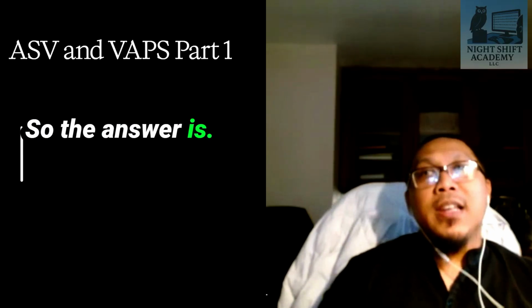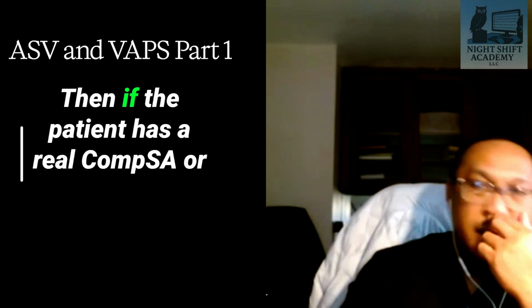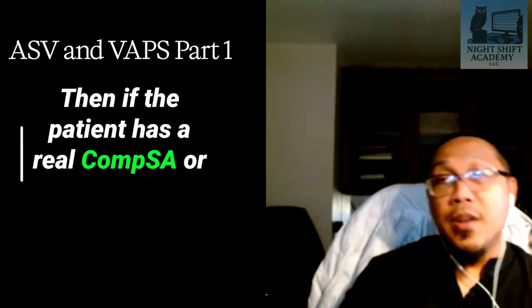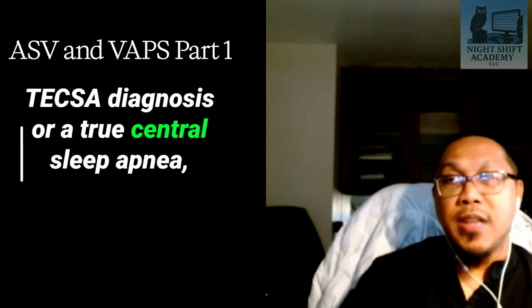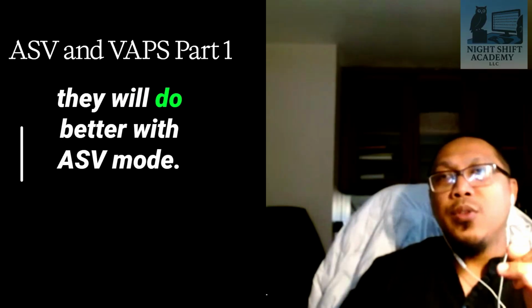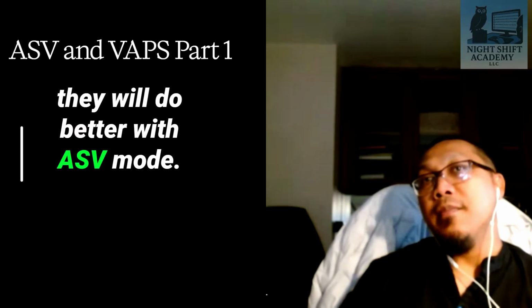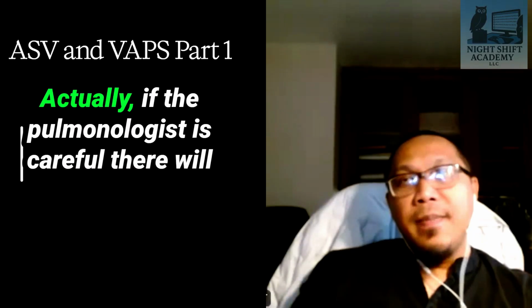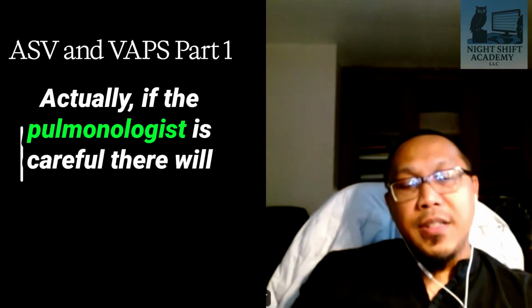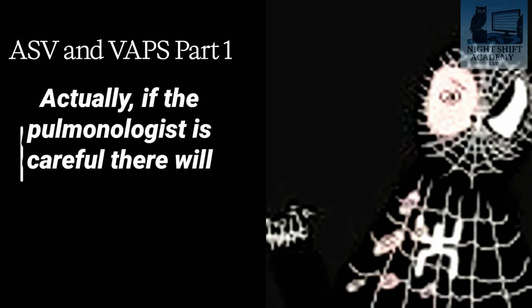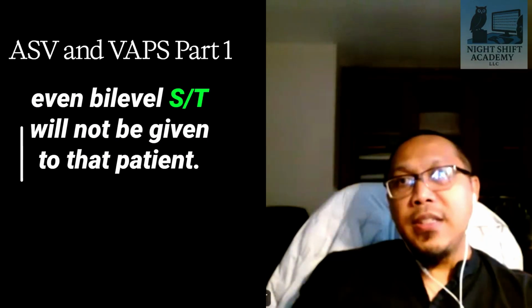So the answer is, if the patient has a real COMPSA or TECSA diagnosis or true central sleep apnea, they will do better with ASV modes. Actually, if the pulmonologist is careful, bi-level ST will not even be given to that patient.